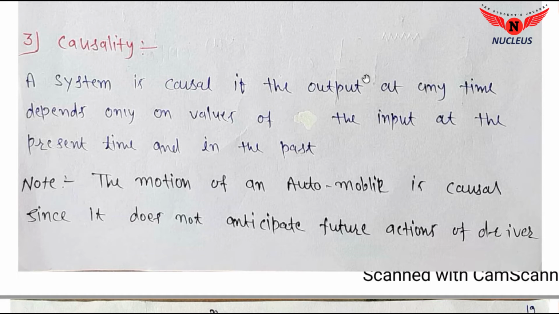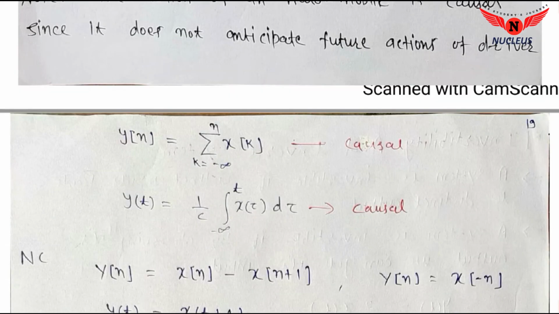We can understand causality from a basic example. The motion of an automobile or taxi is causal since it doesn't anticipate the future action of the driver. The speed will vary because of the current input of the driver.